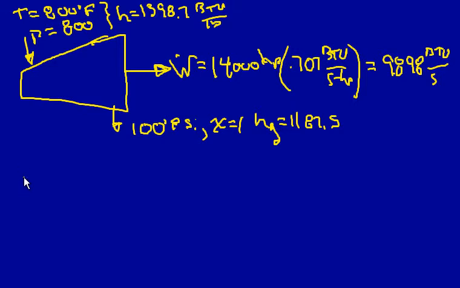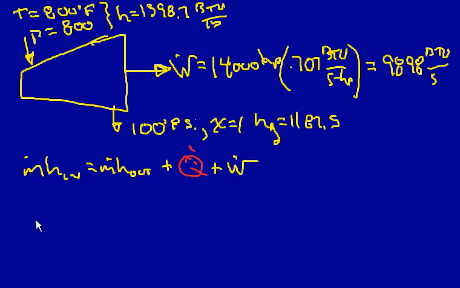Now, the energy balance on the turbine, in equals out, so M dot Hin equals M dot H out plus Q, the Q lost from the turbine, which is what we're trying to find, plus work out of the turbine.